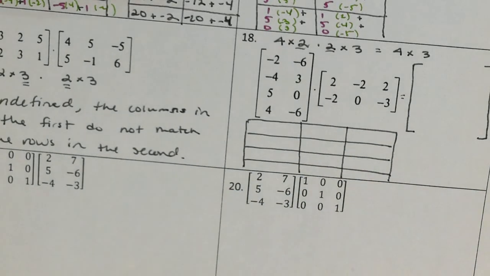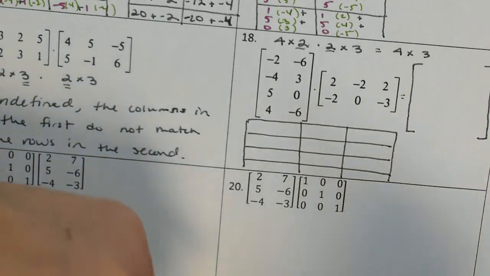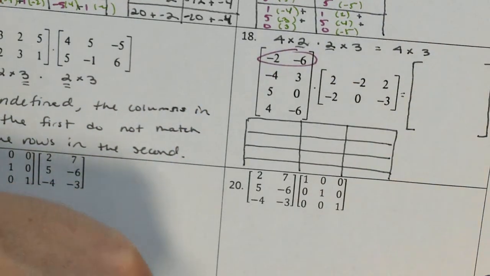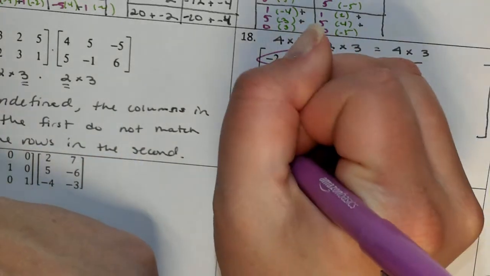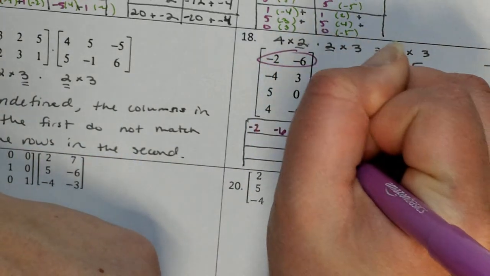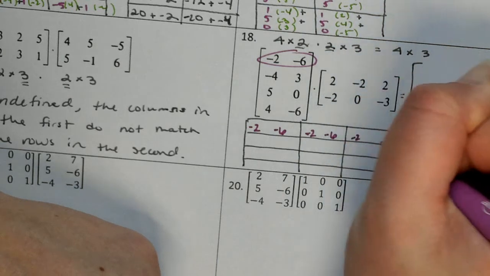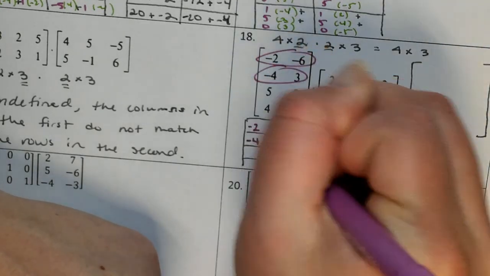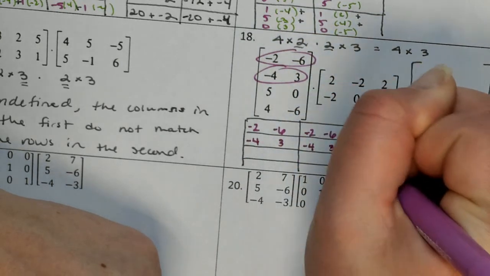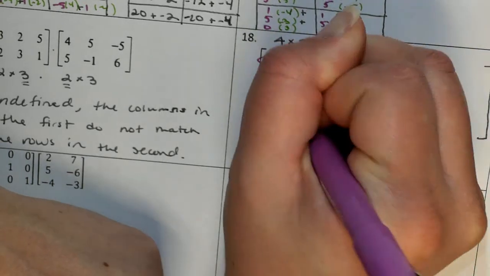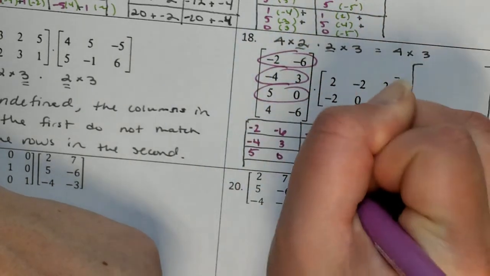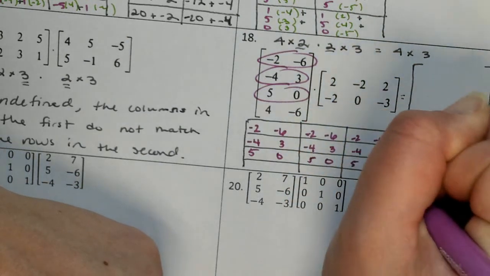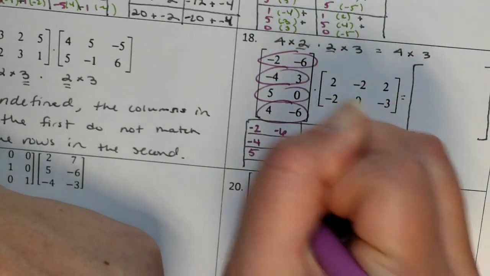Oh, this is going to be a big one. In the top row, what two numbers are going to be in each one of those? -2, -6. In the next row, we have -4, 3, -4, 3, -4, 3. Next row, we have 5, 0. Next row, we have 4, -6.